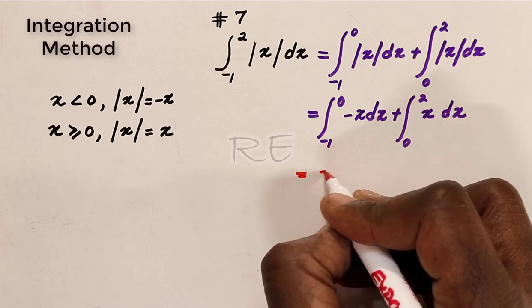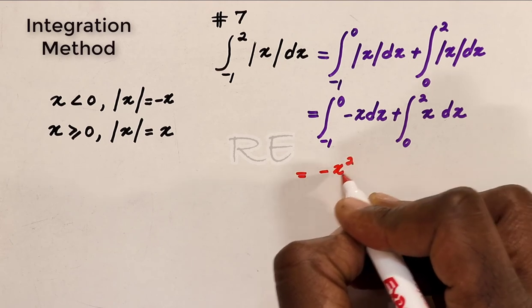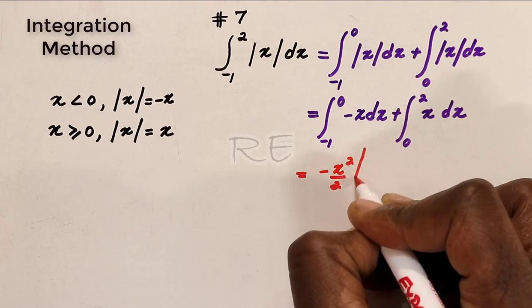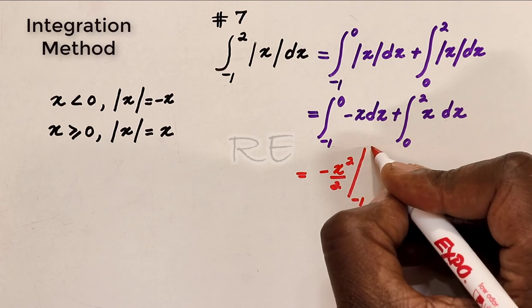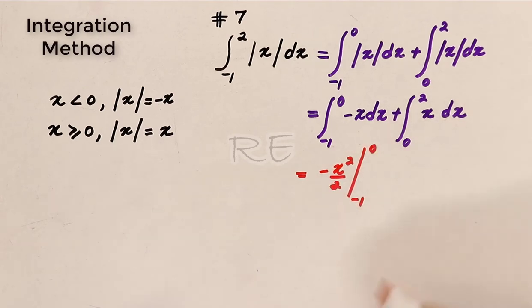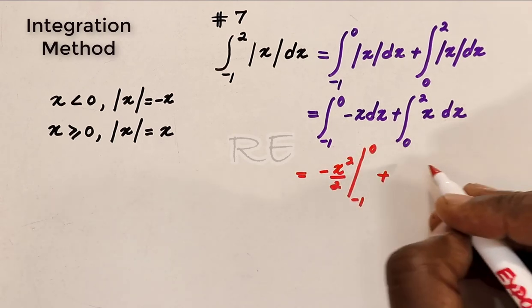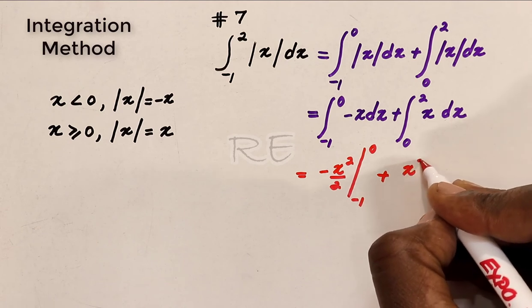Now, the integral will be -x² over 2, power rule, and it goes from -1 to 0.